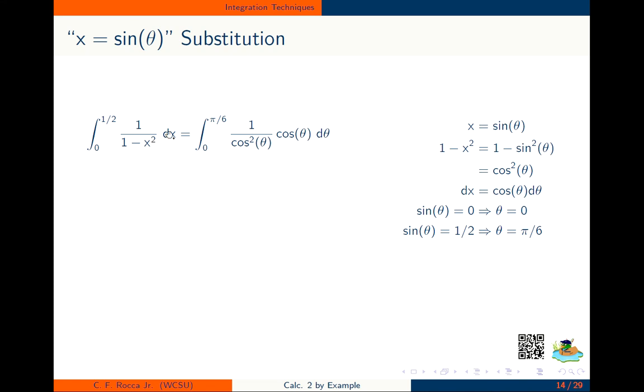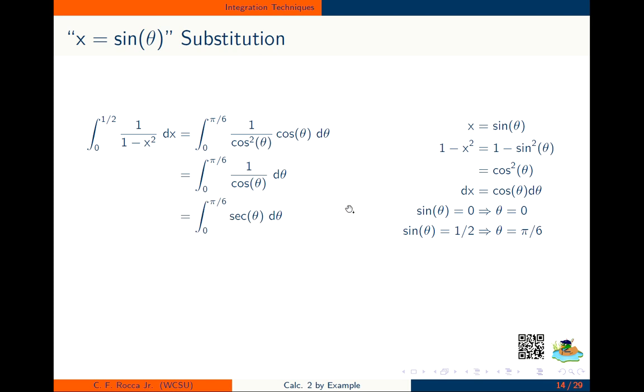And finally, the dx, the differential for x, from the derivative that we took, we see that dx is cosine theta times d theta. Now, this is where we can start making some simplifications because I have a copy of cosine theta in the numerator and a couple copies of cosine theta in the denominator. I can cancel one of those. 1 over cosine theta is secant theta.